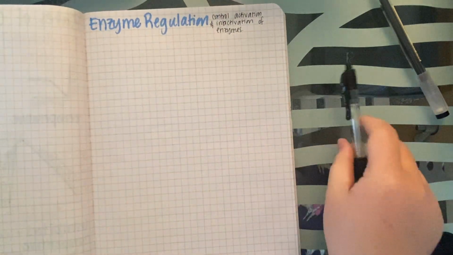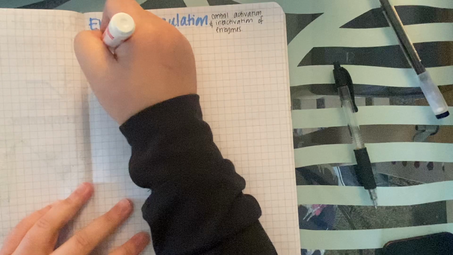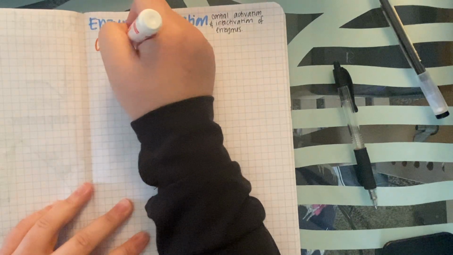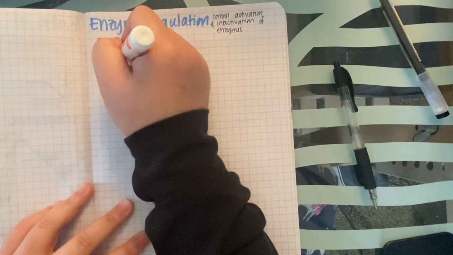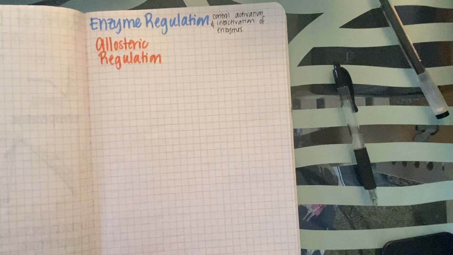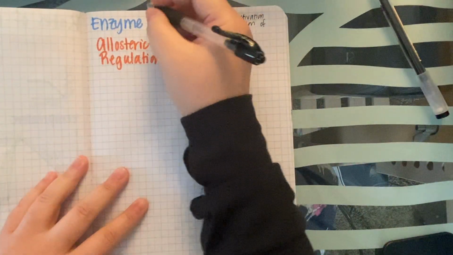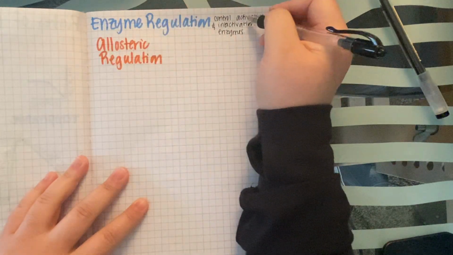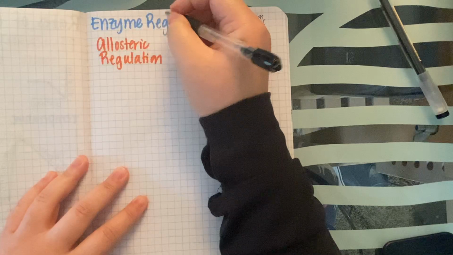So the first type is called allosteric, well, there's one type, sorry. It's called allosteric regulation. The word allosteric means other site. So allosteric regulation is enzyme control by utilizing a site other than the active site.